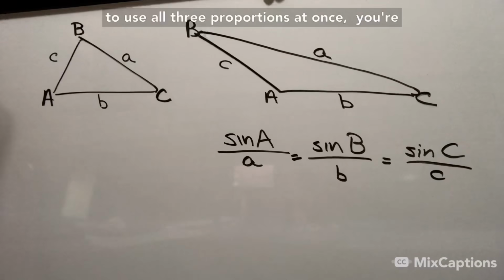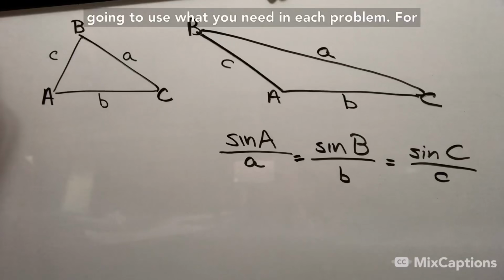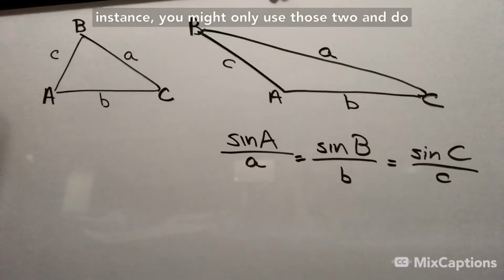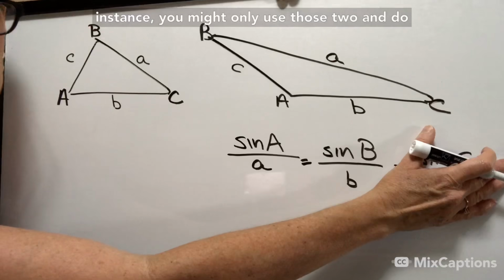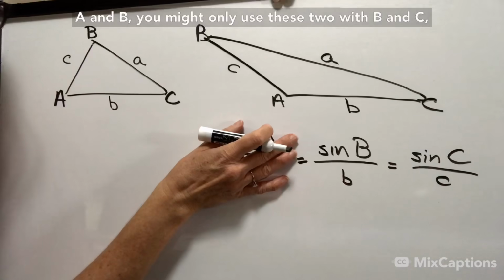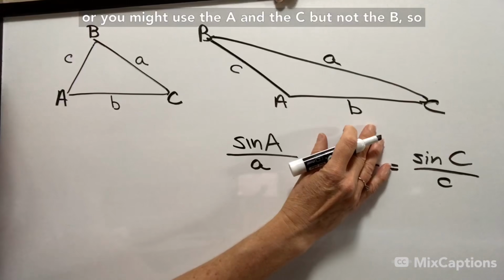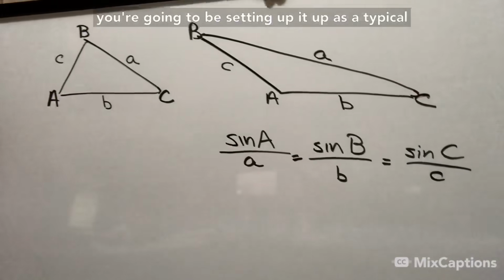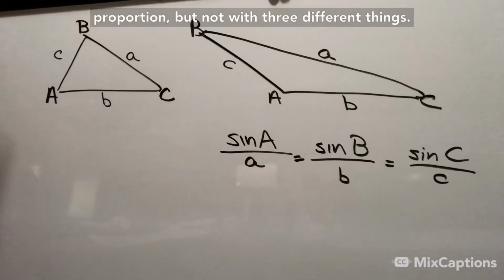You're not going to use all three proportions at once. You're going to use what you need in each problem. For instance, you might only use A and B, or B and C, or A and C, but not the B. So you're going to be setting it up as a typical proportion, not with three different things.